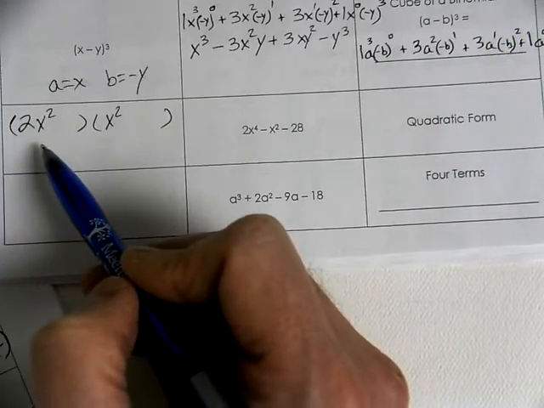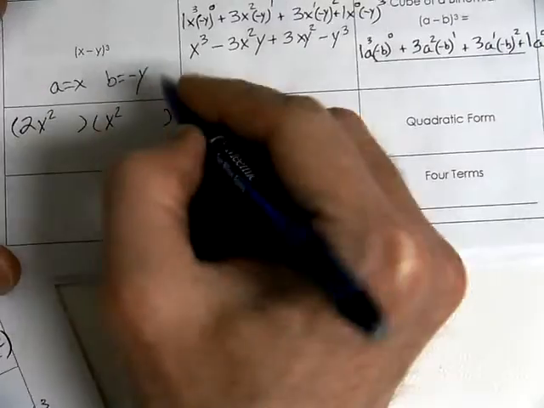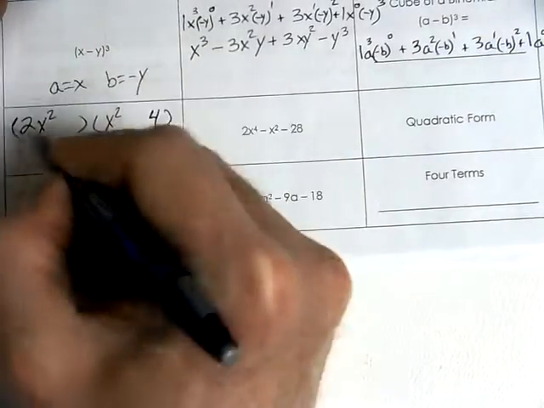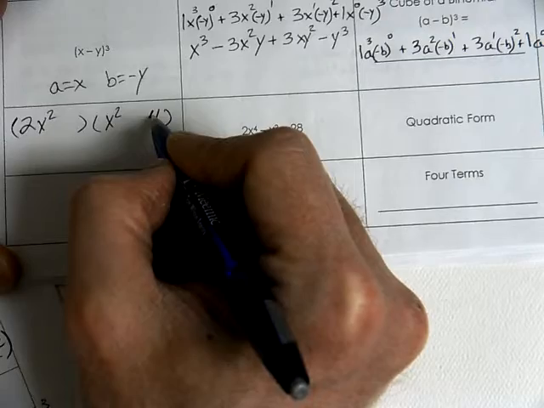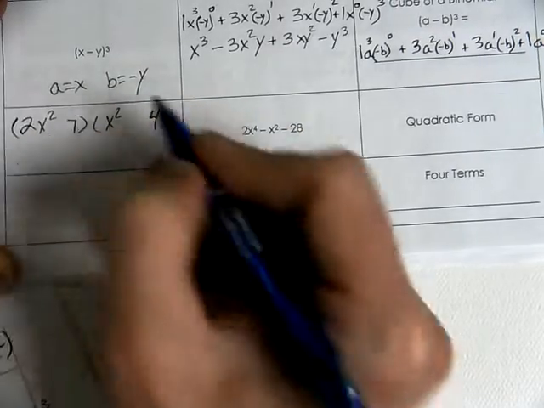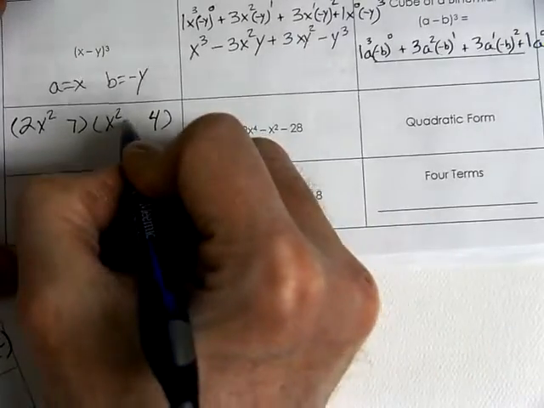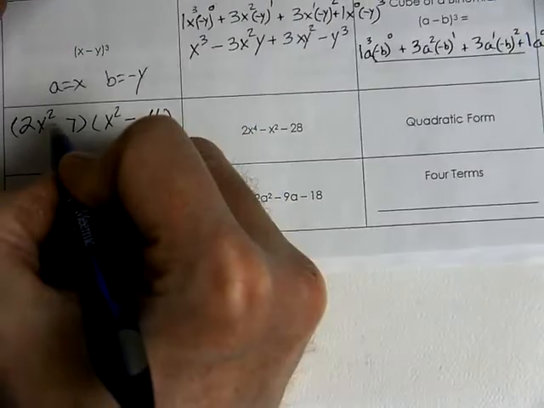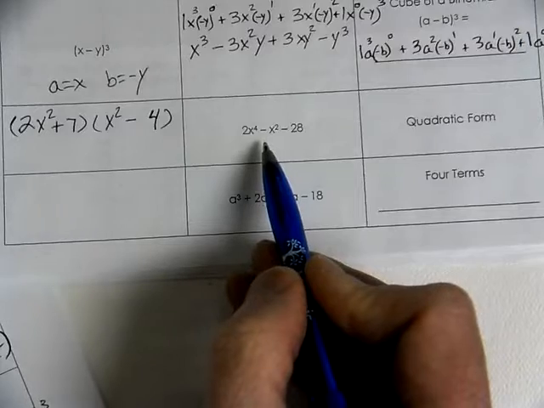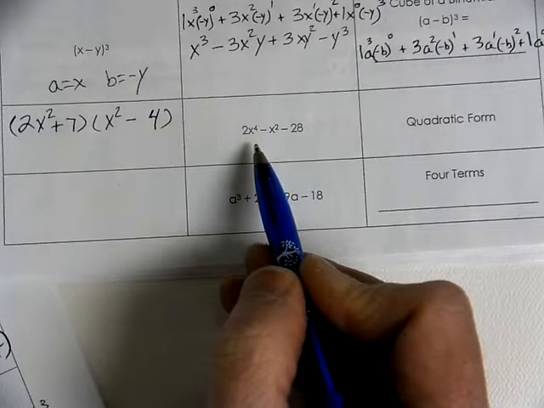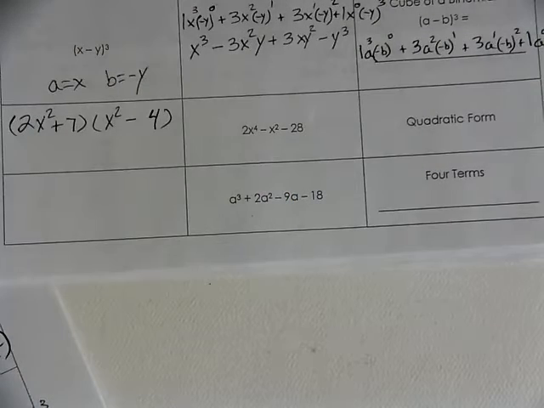That didn't work. Oh, how about if we did 2 times 4, that's 8, and then put your 7 over here, 8 and 7. We need it to be a negative 8 and a positive 7 to be sure we get a negative 1. There it is. We factored it. That's called guess and check.